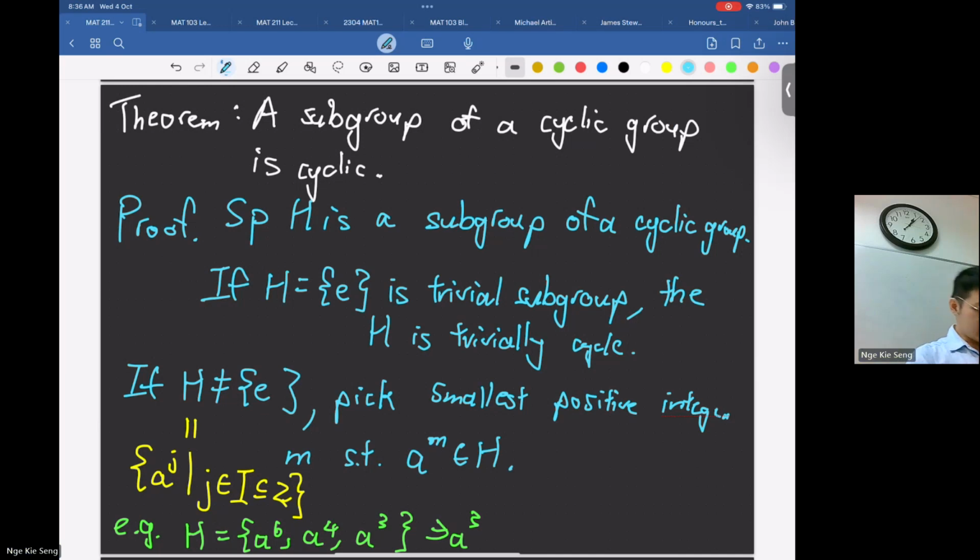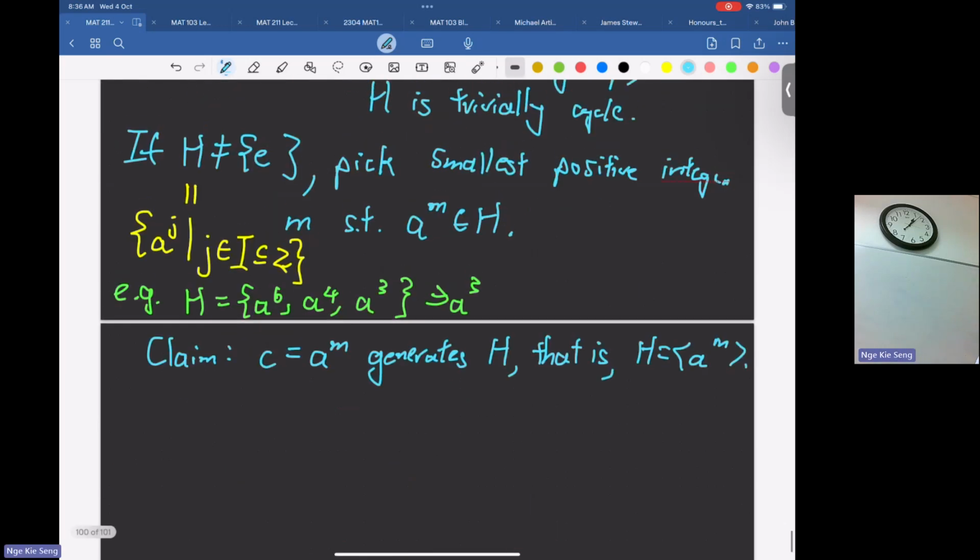So let's see how we prove it. What does it mean that AM generates H? This means that every other element is a product of AM. Let's see why this is true.